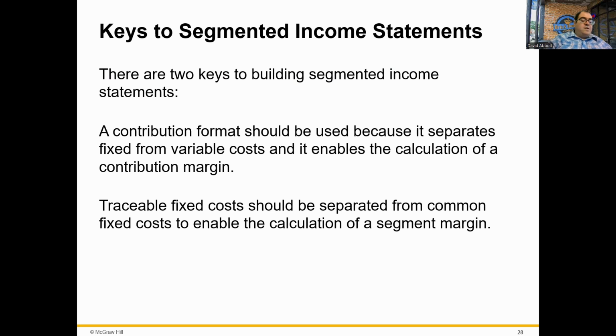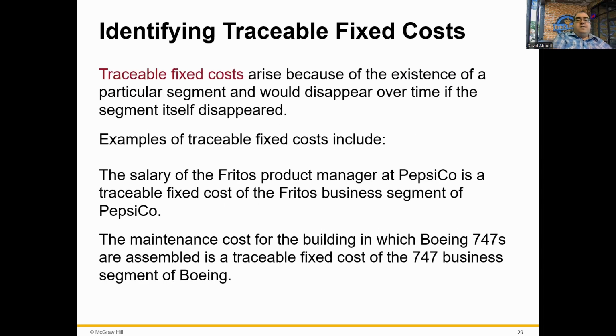Further clarification of these terms is as follows. So what is a traceable fixed cost? Traceable fixed costs arise from a segment; it is a fixed cost that is incurred because of the existence of the segment.